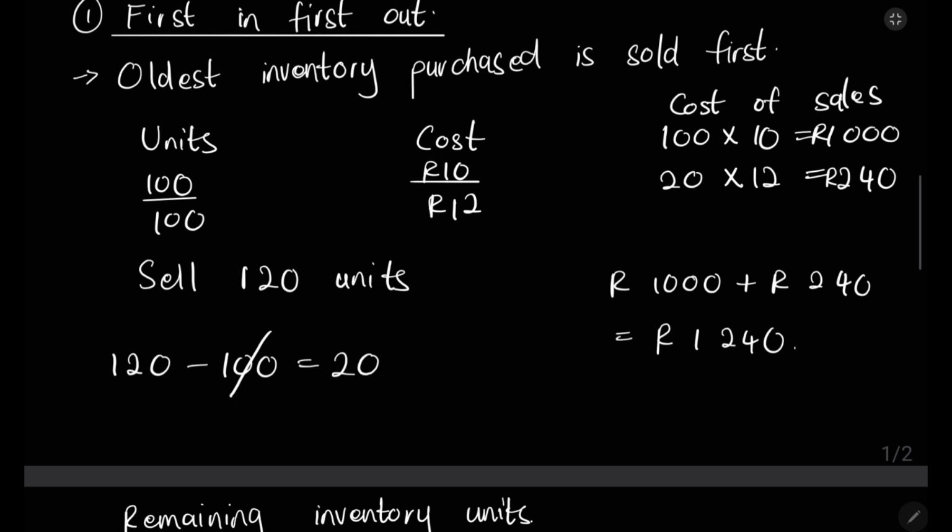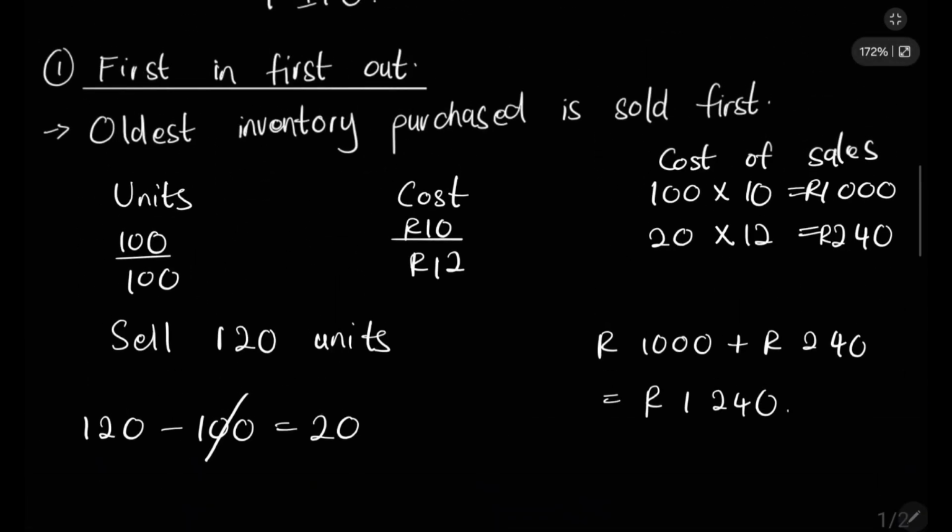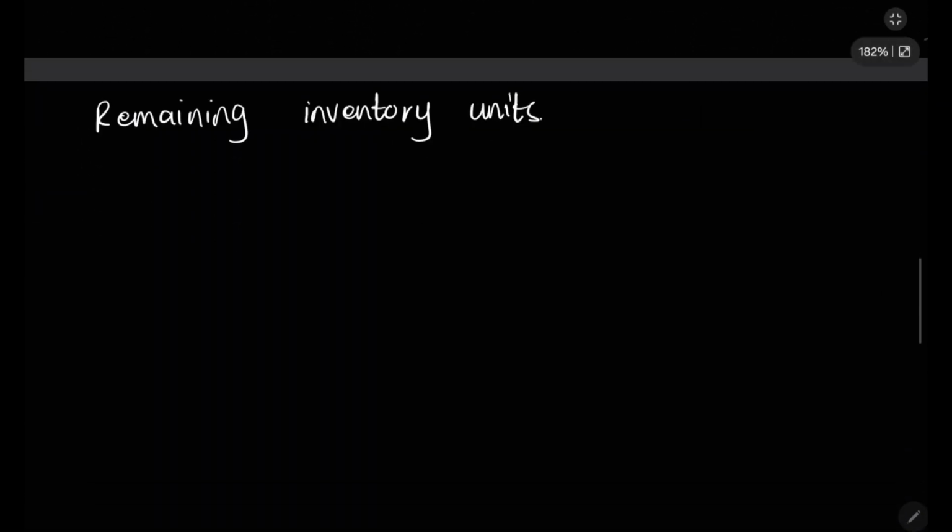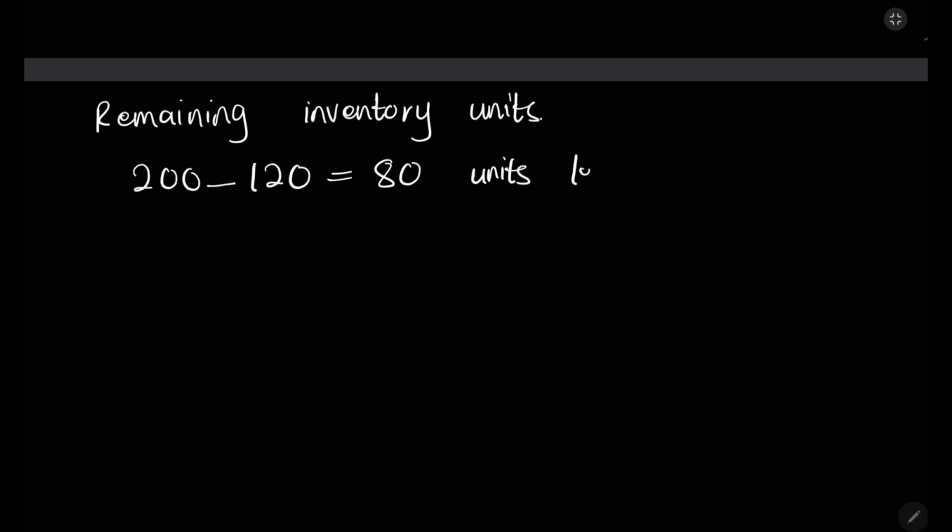Remember, in total we had 100 and 100, which is 200 units. We only sold 120. To find the remaining units, we'll say in total we had 200 minus the 120 that we sold, which is 80 units left.